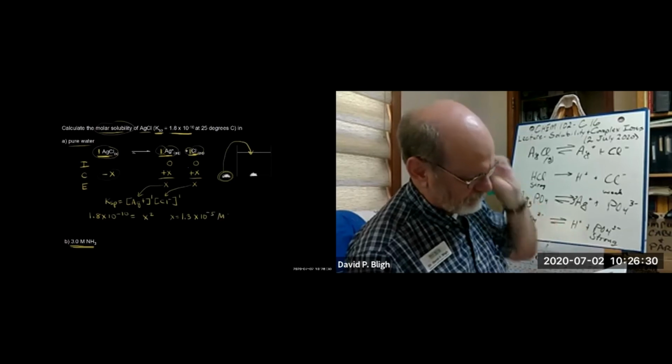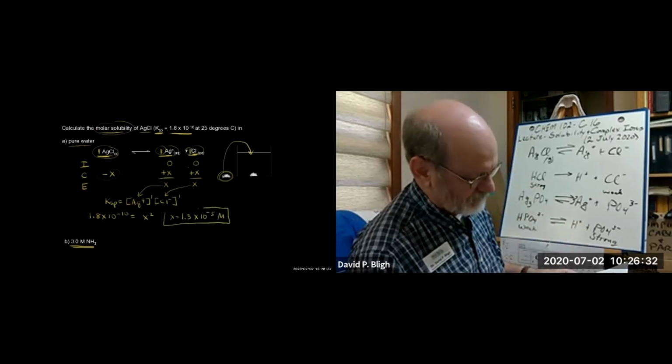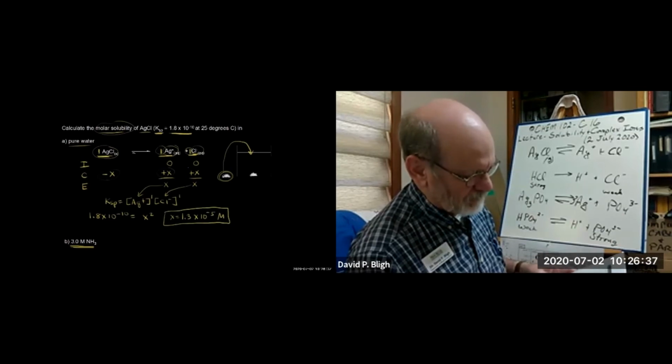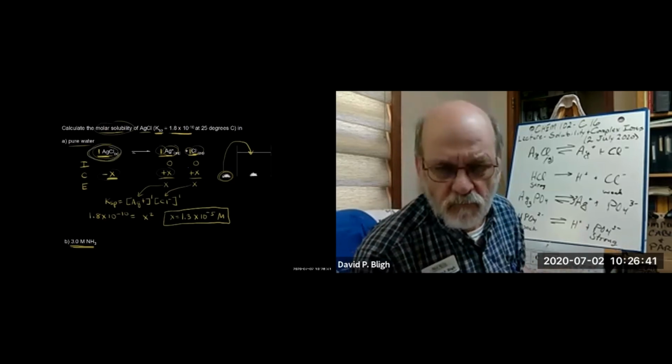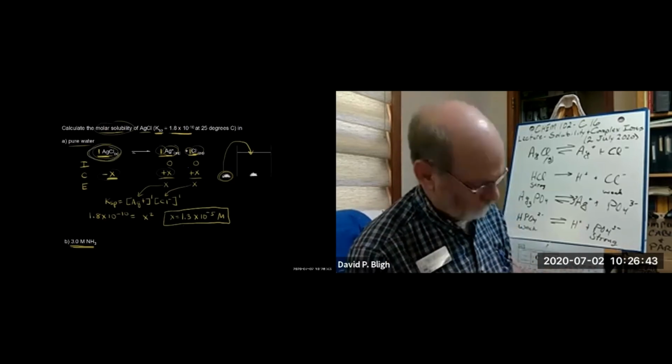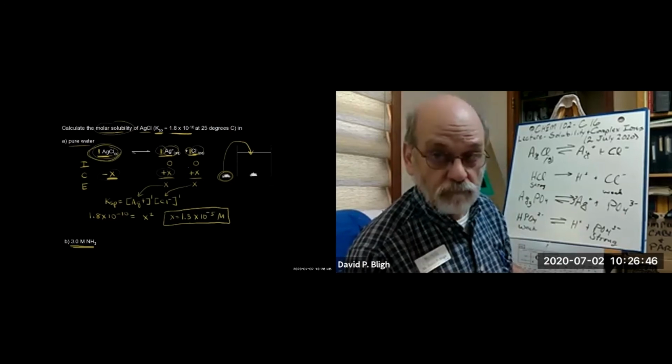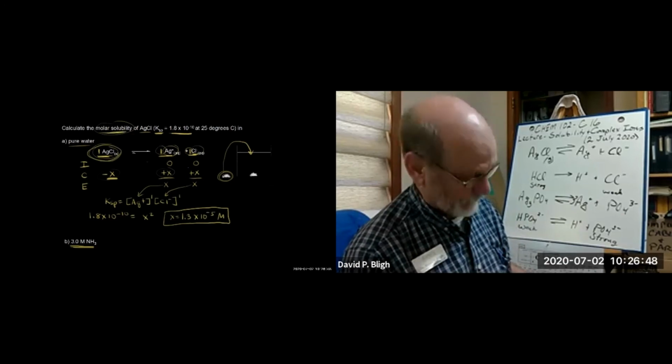So that's the concentration of, let's say, our silver plus 1 cations in solution. That's also the molar solubility of silver chloride, right? That's how much we can dissolve. It's a very small molar solubility, so silver chloride is only a slightly soluble compound.